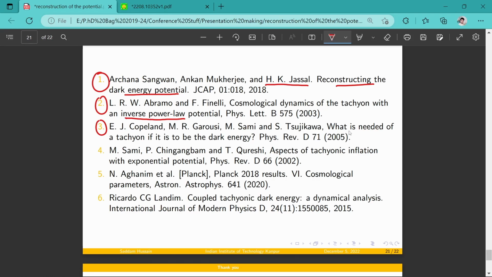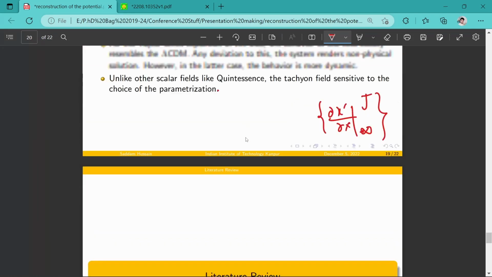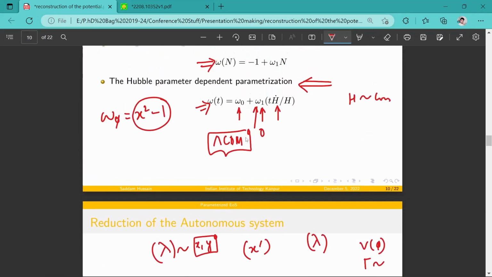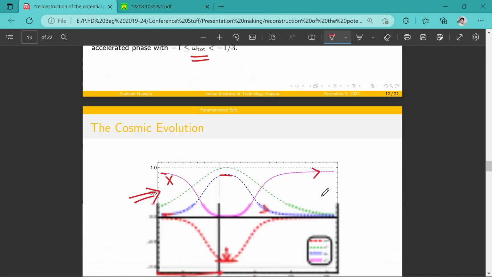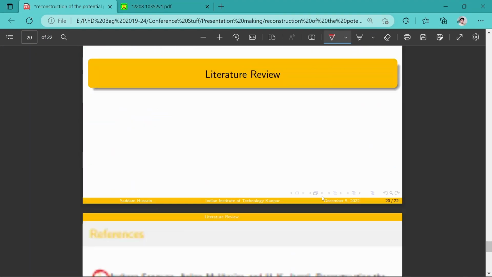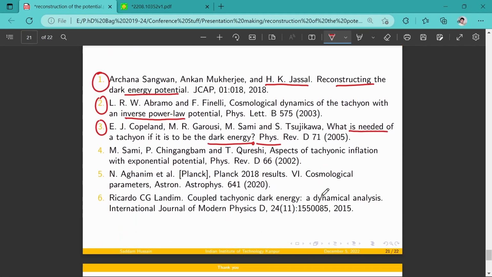Again, there is a very nice paper on what is needed of a tachyon if it is to be dark energy. They have studied this without assuming any form of a potential, using a three-dimensional autonomous system, x prime, y prime, and lambda prime. They have also presented interesting dynamics corresponding to the tachyon field. We have different literatures you can go through.